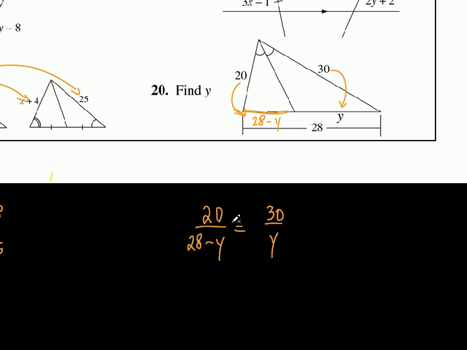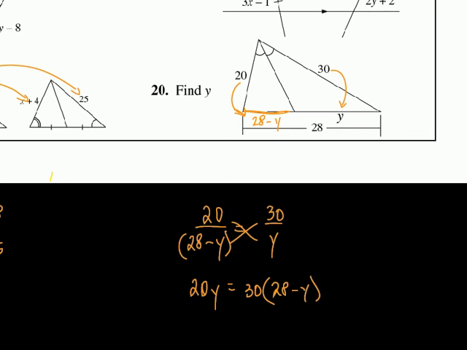And now I have to do some math, and I've got to cross multiply. Multiply here, that's 20y. That was pretty easy. We've got to multiply across like this. Now remember, this is a difference, so we have to put it in parentheses. Make sure you put that in parentheses and distribute. I'll just put 30 times (28 minus y).